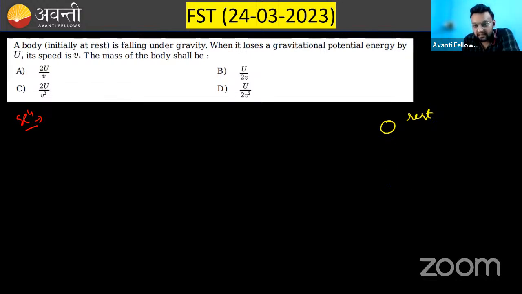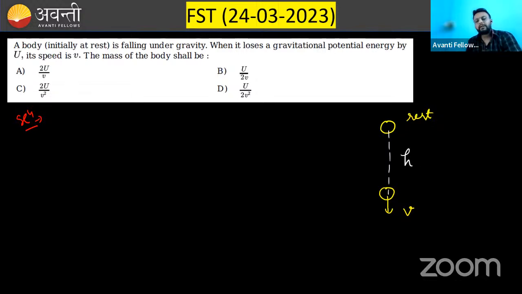So what are they saying? When it falls a certain distance and there is some loss of potential energy, and that loss is U, the velocity of the ball is v. They are asking about the mass of the ball. Let's suppose the body has fallen by a height h.